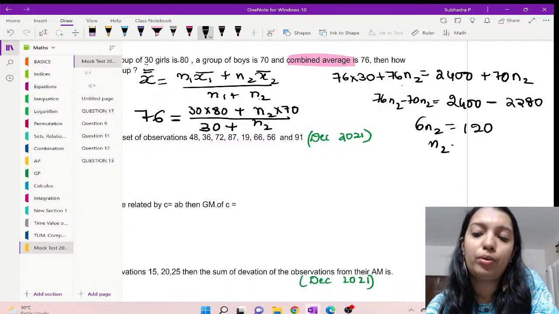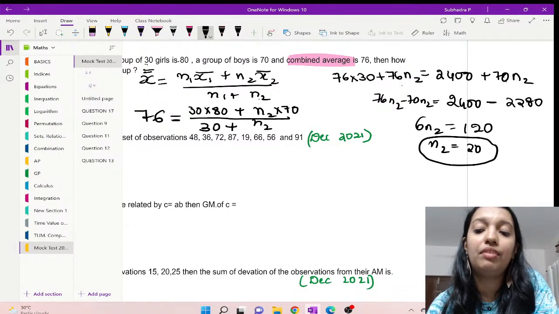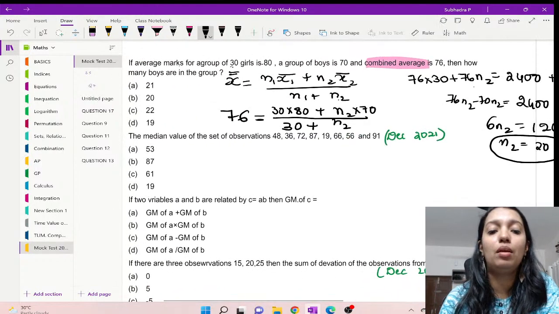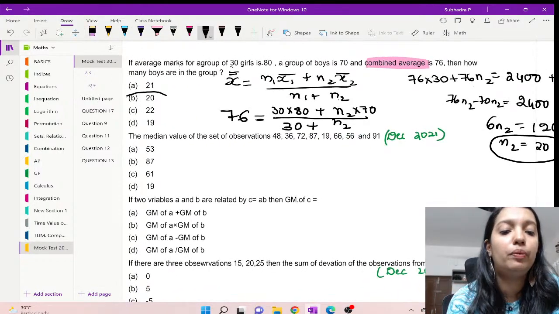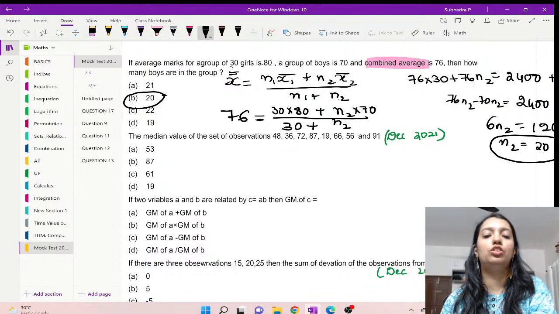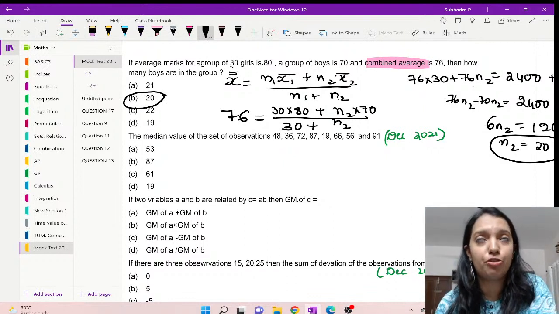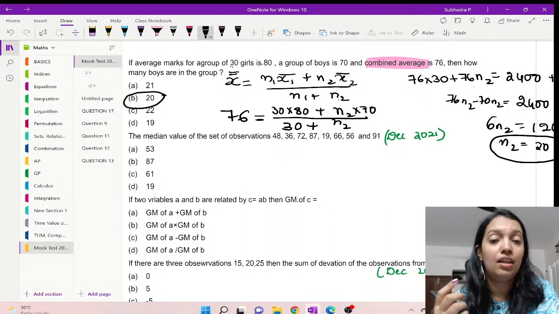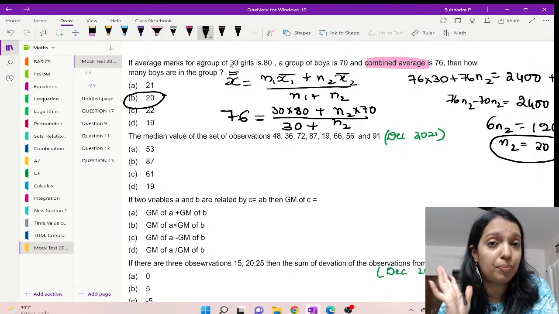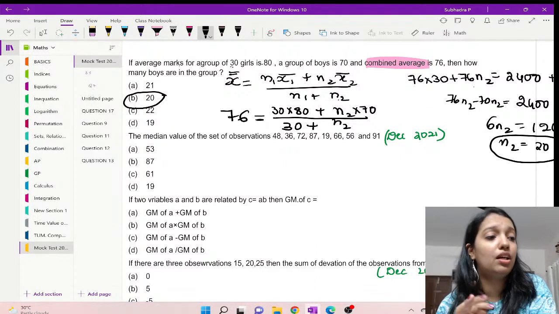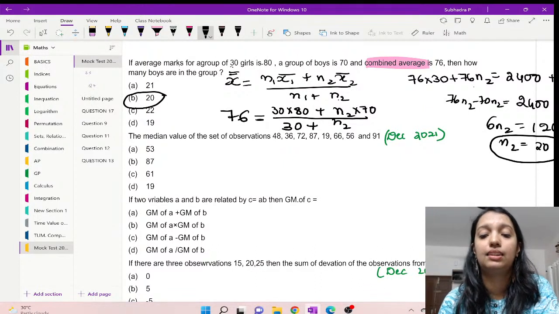So your n2 value is 120 divided by 6. Answer is 20. What have they asked in the question? How many boys are there in the group? 20 boys are there in the group. You just have to put combined average formula. Remember, in every exam there will be minimum 2 questions from combined average. Combined average formula is most important in statistics.